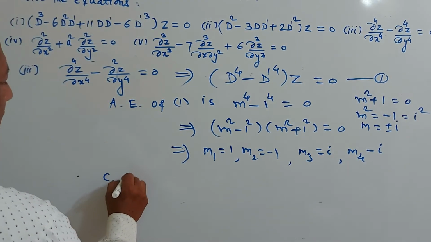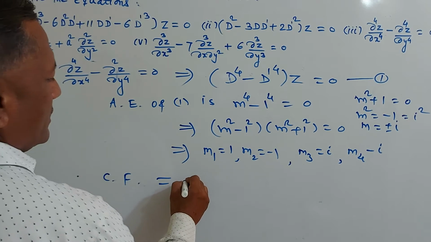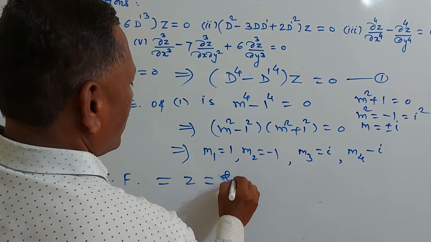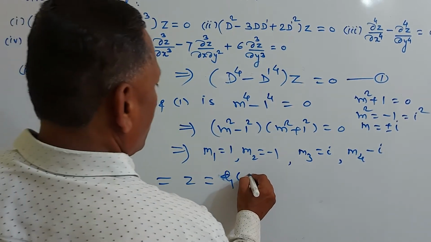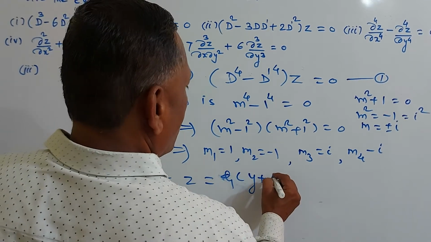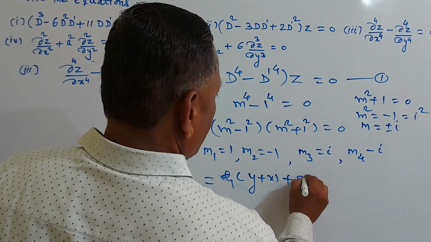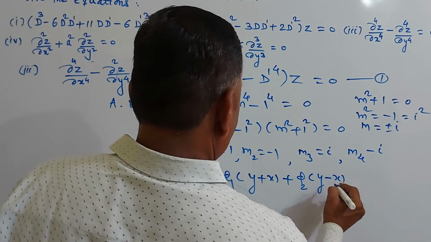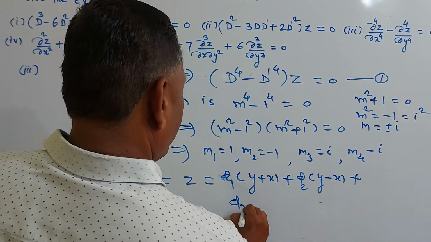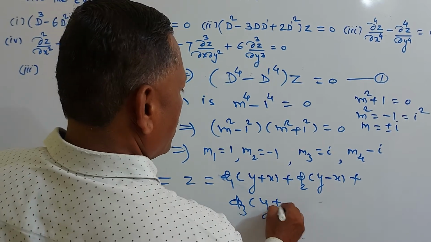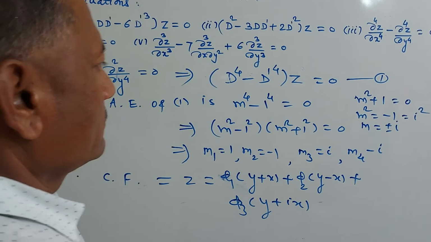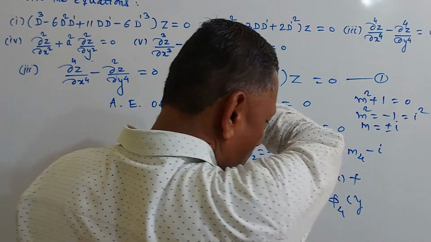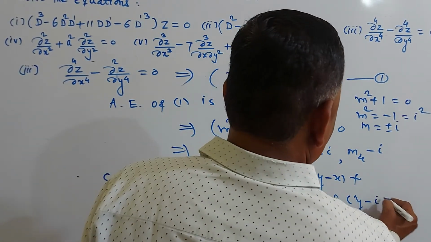Therefore the complementary function is z is equal to c1 phi1 of (y plus m1x), y plus m1x is y plus x, plus phi2 of (y plus m2x), y minus x, then plus phi3 of (y plus m3x), meaning y plus ix, then plus phi4 of (y plus m4x), meaning y minus ix.